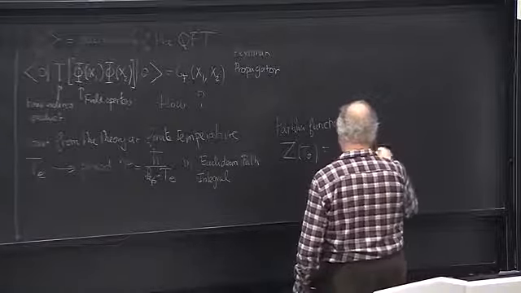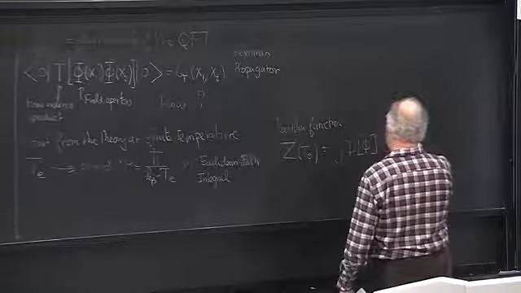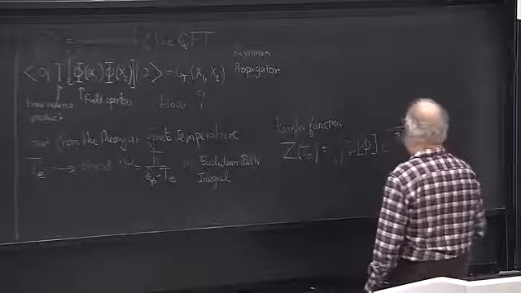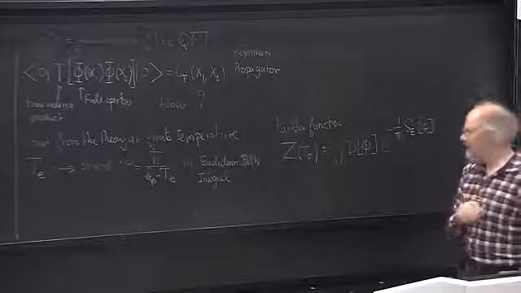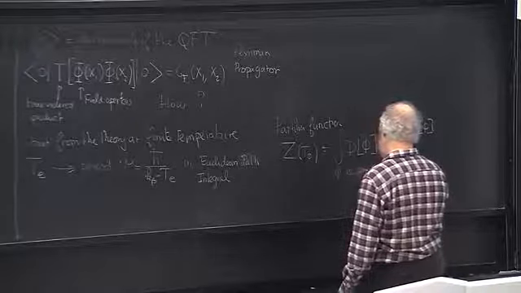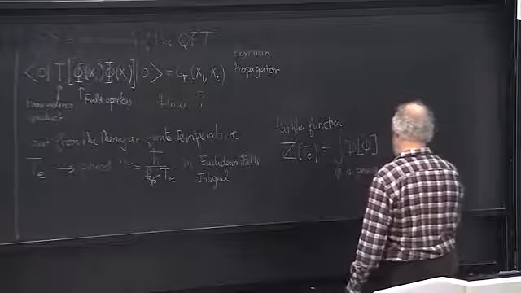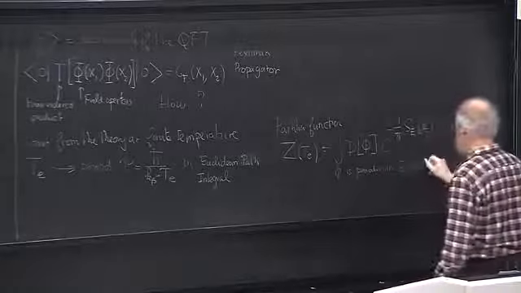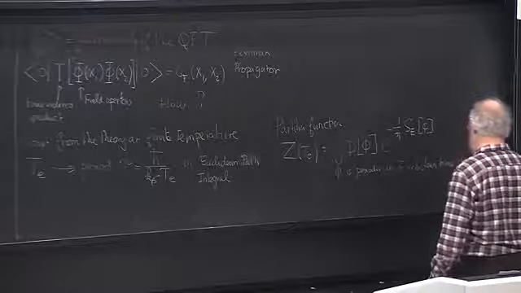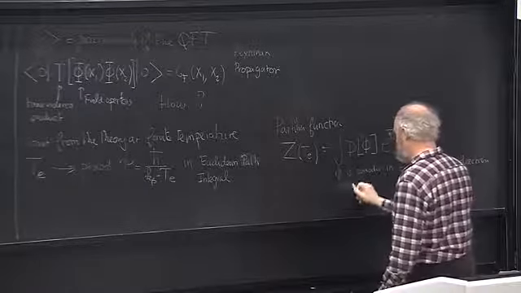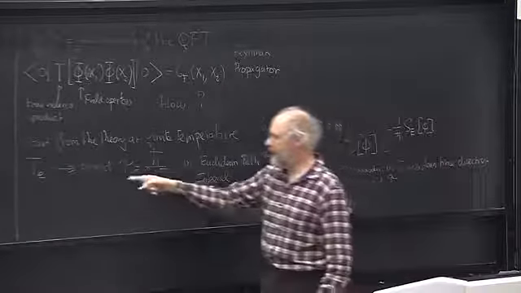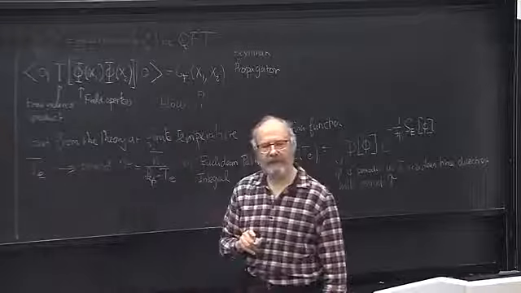And in our case, this is going to be the integral of d phi exponential minus 1 over h bar, the Euclidean action of phi, but with some specific boundary condition, which is that phi is periodic in the Euclidean time direction with period tau.